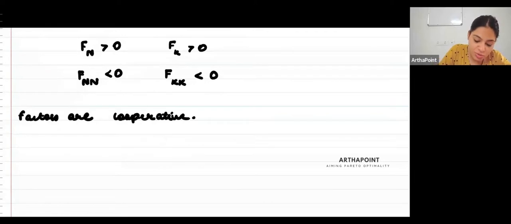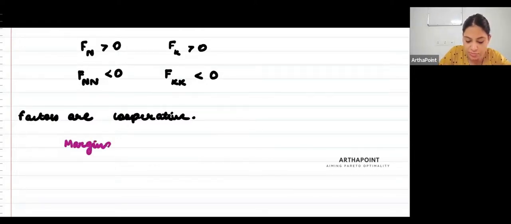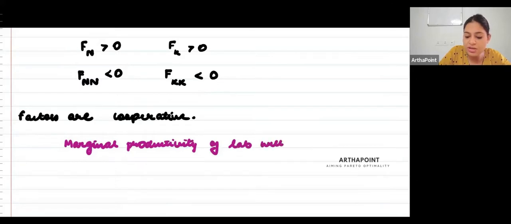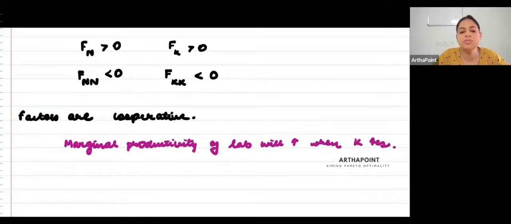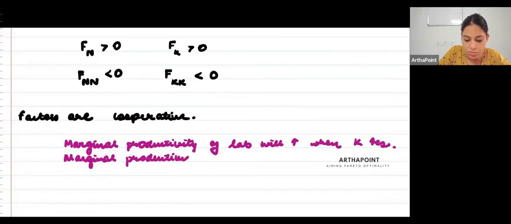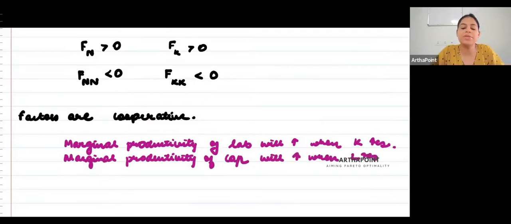So in terms of language, it means that marginal productivity of labor will increase when capital increases, and vice versa, that marginal productivity of capital will increase when labor increases, something like this.